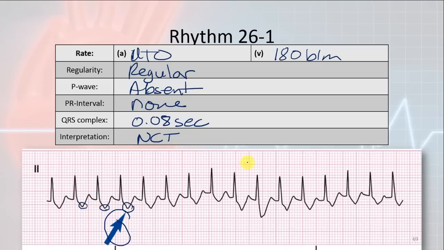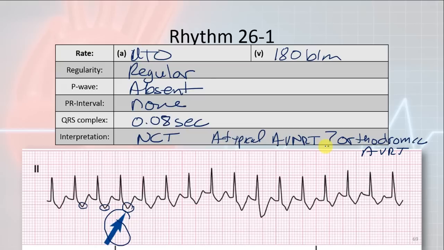Because it is displaced away from the QRS complex, it can either be atypical AVNRT, or it could be orthodromic AVRT. How do we determine which one of those it is? We can't do it right now. We have to identify this after we convert the rhythm.